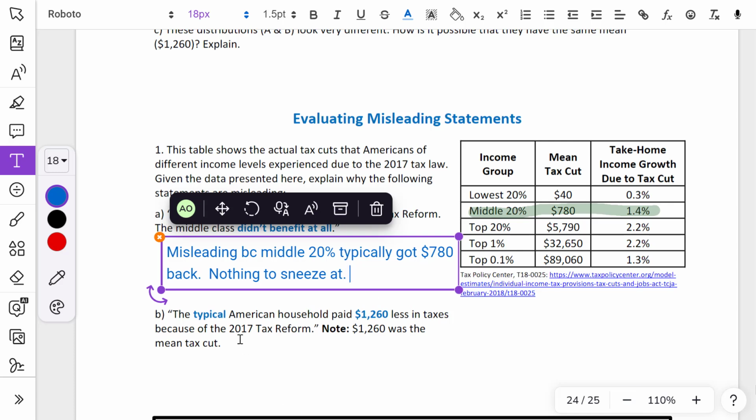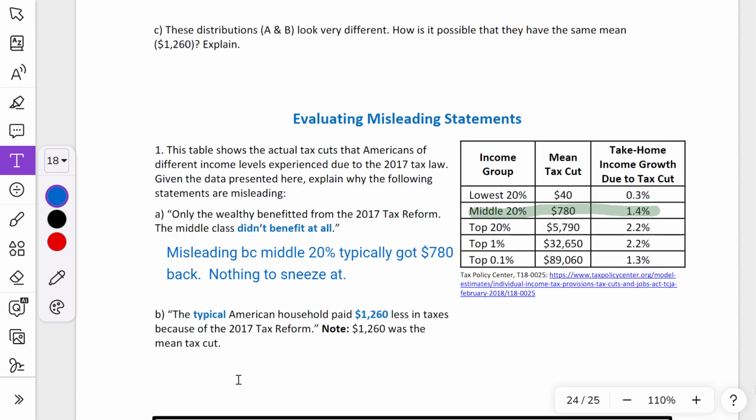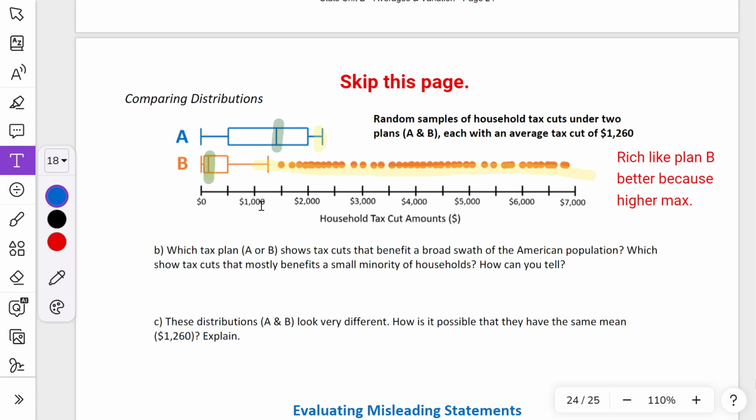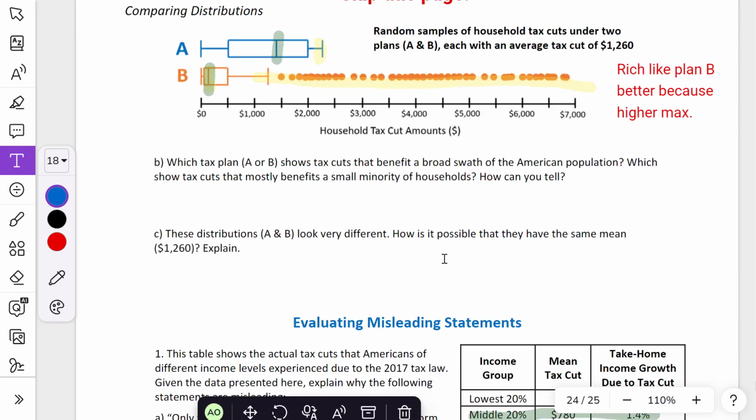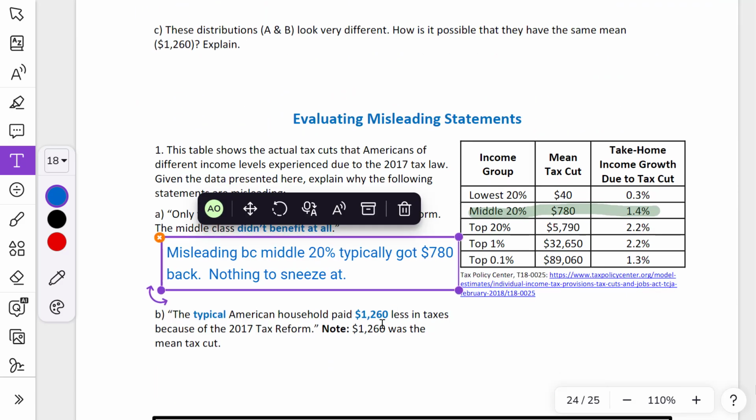Now, this other statement said the typical American household paid $1,260 less in taxes. So they did the average. But we have to remember that this data is skewed, right? So it pulls to the right. Basically, it's not the best descriptor.